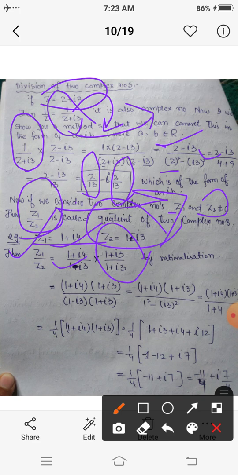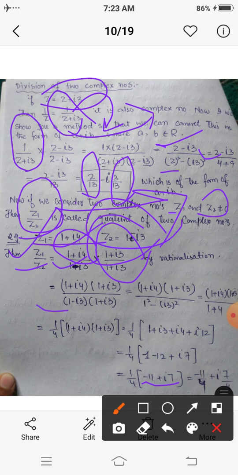Now by actual multiplication of 1 plus iota 4 with 1 plus iota 3, we get simply minus 11 plus iota 7, and in the denominator, 1 minus iota 3 and 1 plus iota 3 is of the form a plus b into a minus b.